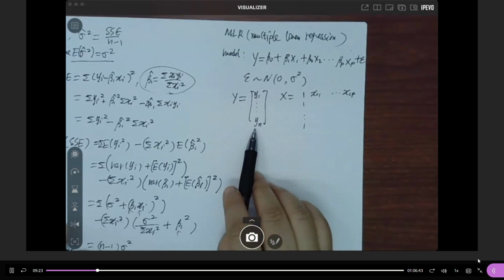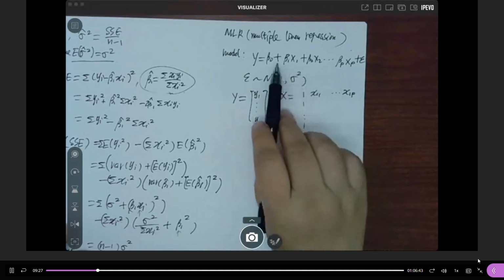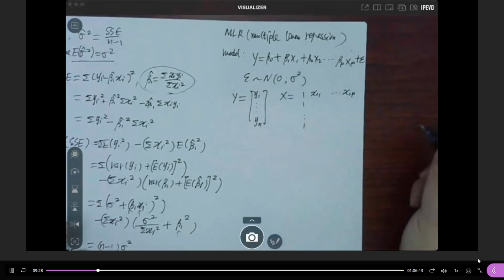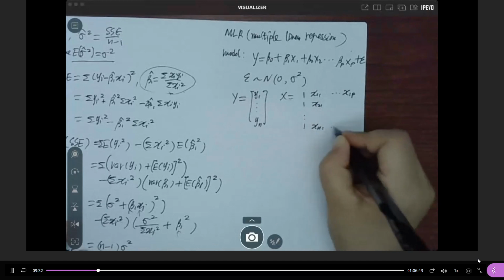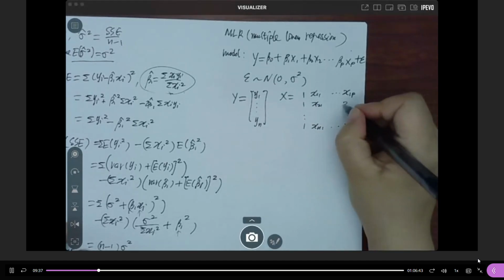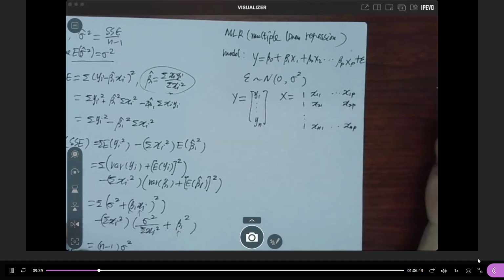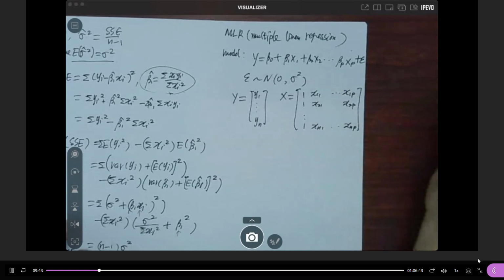It goes 1 to n. The second index, the column index, is the dimension 1 to p. So this will be x21, xn1. Then this will be xnp. Okay, this is x2p. Column index is dimension, row index is sample index.